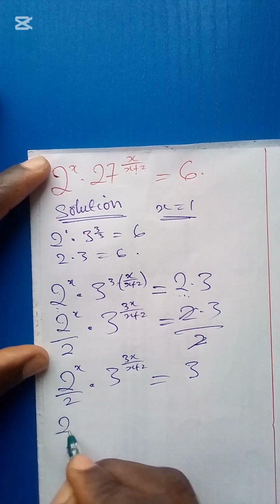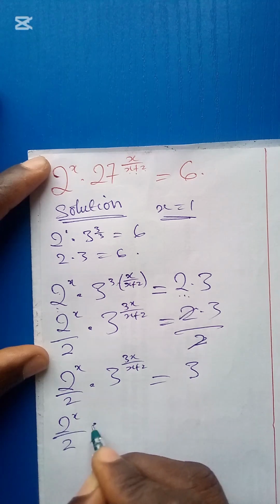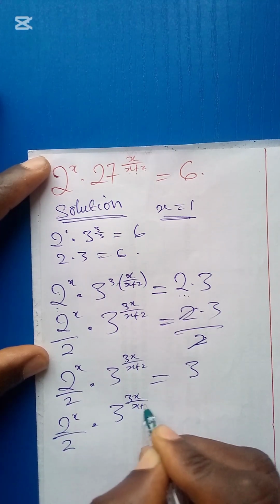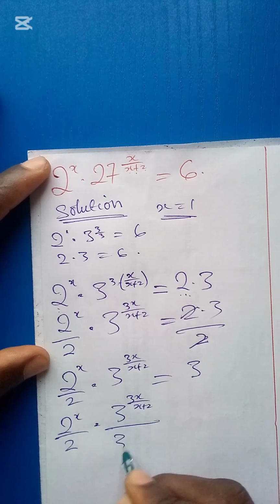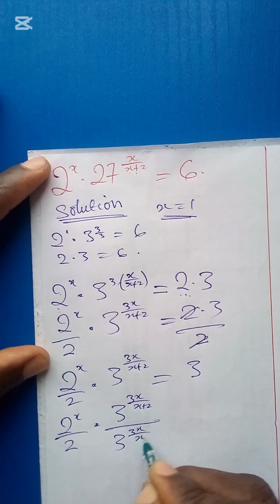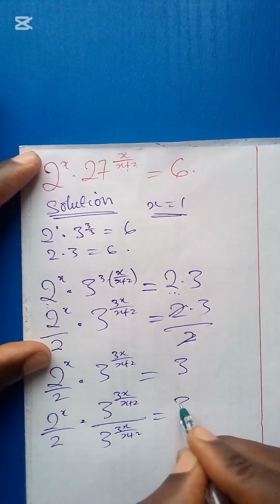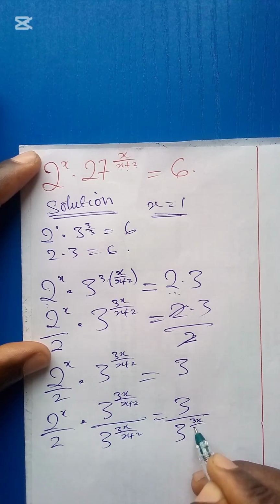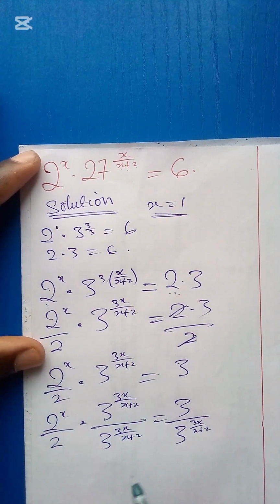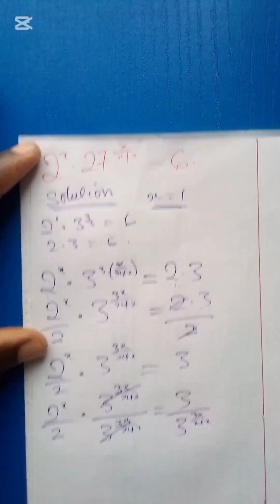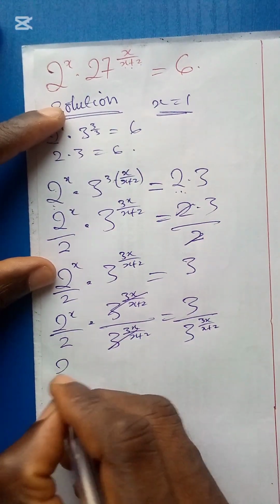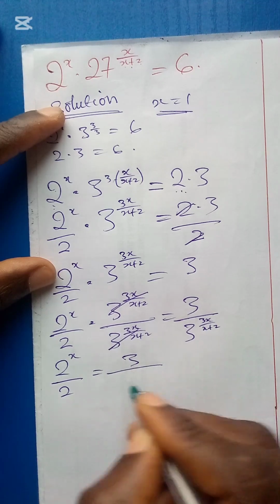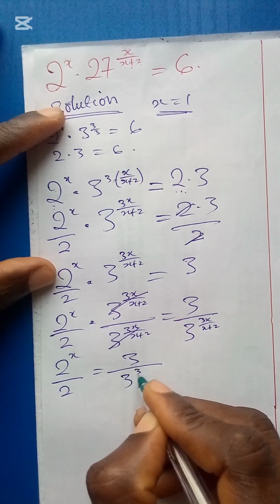So we have 2 to power x over 2 times 3 to power 3x over x plus 2 divided by 3 to power 3x over x plus 2 is equal to 3 divided by 3 to power 3x over x plus 2. Good. So this and this will cancel out. So we now have 2 to power x over 2 is equal to 3 over 3 to power 3x over x plus 2.